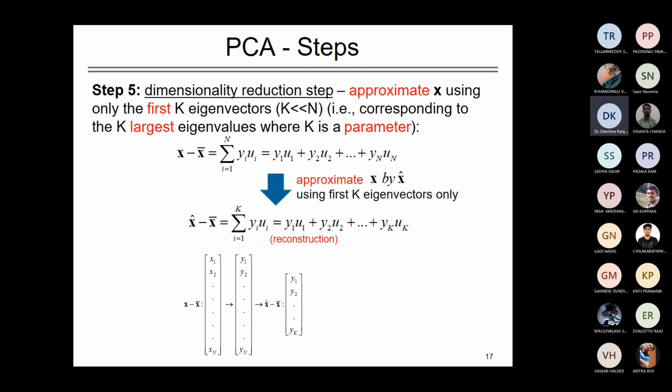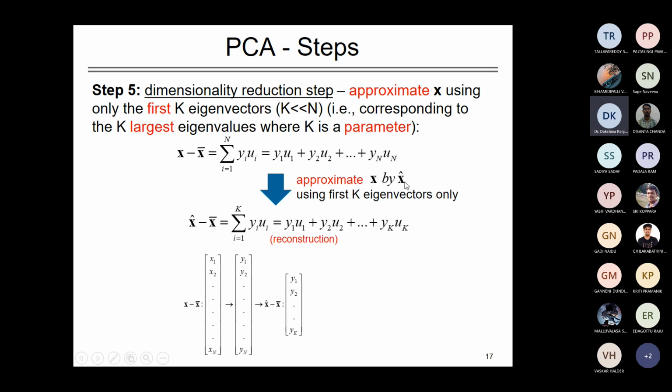So what we do, we actually get this linear combination of yi and ui in terms of x, and then this given feature vector is to be approximated. When we get the approximated feature vector, after selecting the first k eigenvectors, this can be represented by x cap.